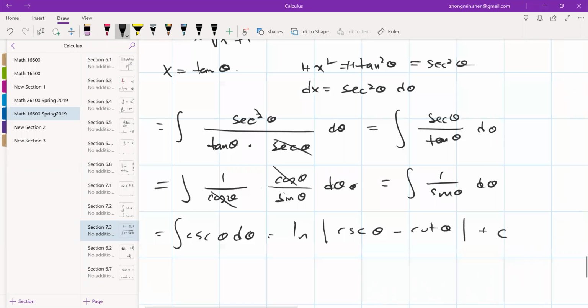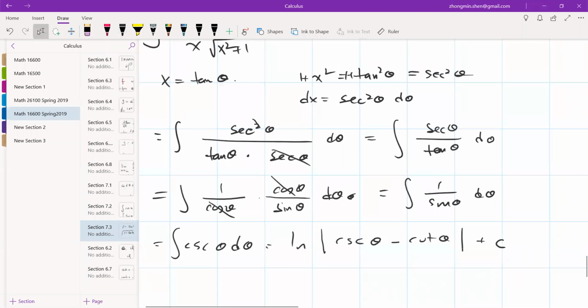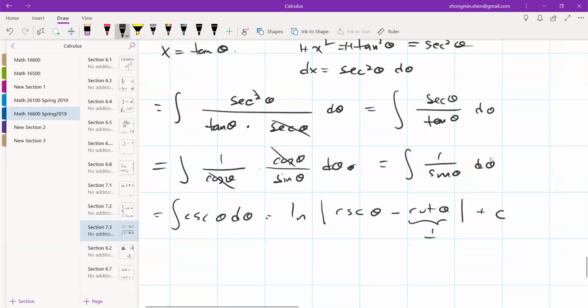How do you express it in terms of x? Tangent theta is going to be x, so cotangent theta is going to be 1 over x. That's easy.